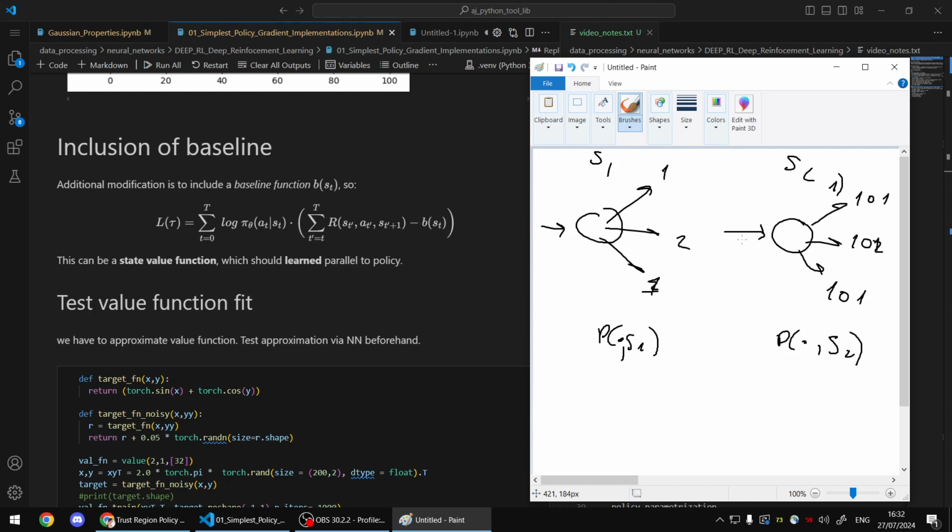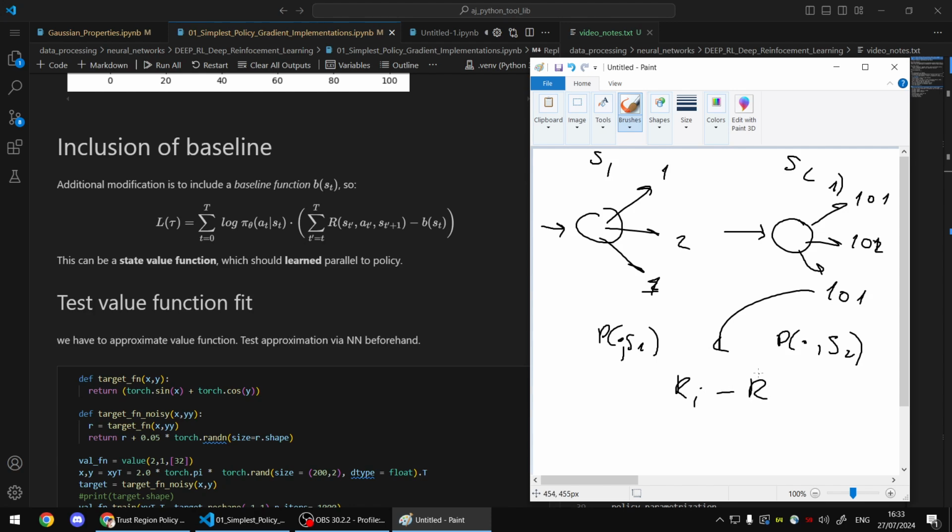He will think that this action is so important that all the other actions will diminish in probability. The agent hasn't actually explored them. That's the problem, right?